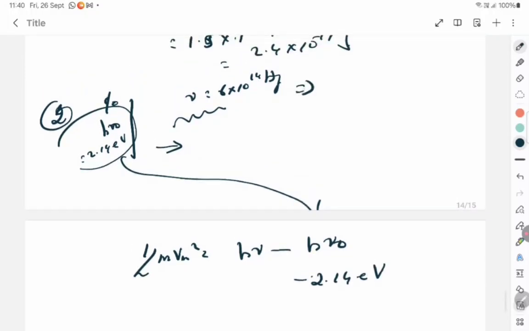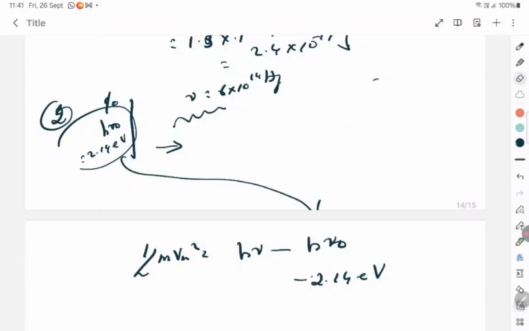To get this in electron volt, I told you it's h into c by lambda, and in the denominator you have E to convert into electron volt, and hc by E itself is 1.2 into 10 to the power minus 6 by wavelength. Oh, they have given the frequency itself.